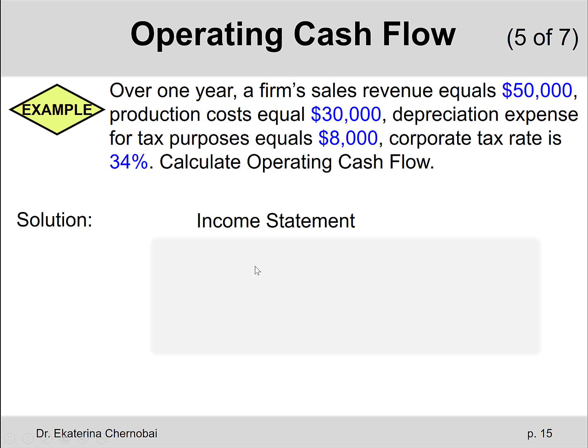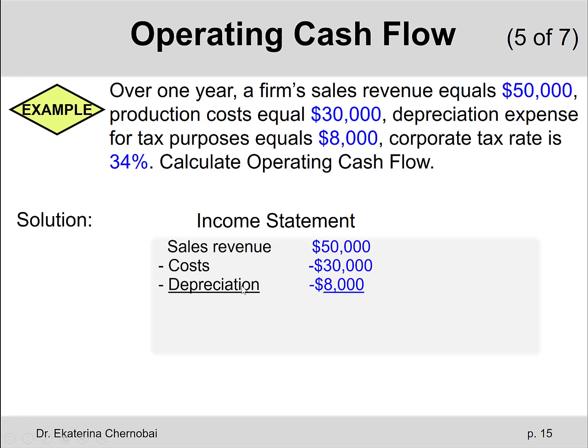The income statement would need to start with the $50,000 in sales revenue. Then we subtract production costs, minus $30,000. Then we subtract depreciation, minus $8,000, which gives us the earnings before interest and taxes. That's $12,000. Right? $12,000 is $50,000 minus $30,000 minus $8,000. Then we need to subtract the tax amount.